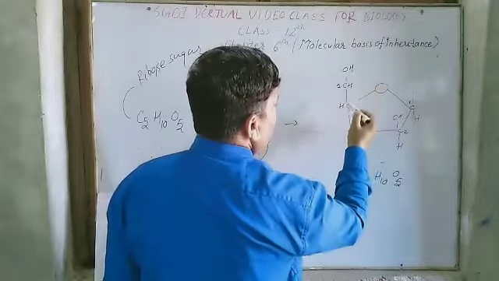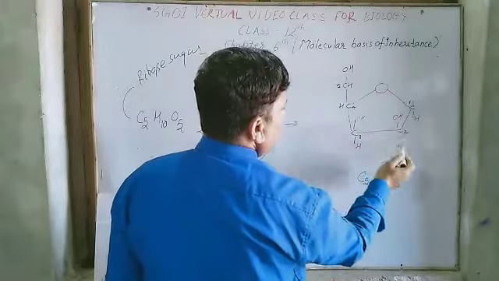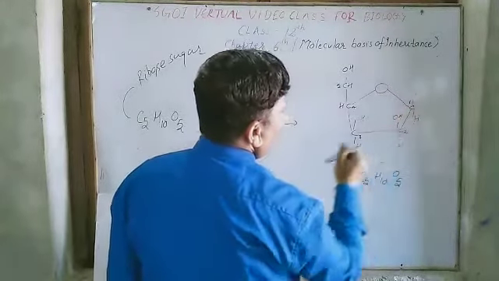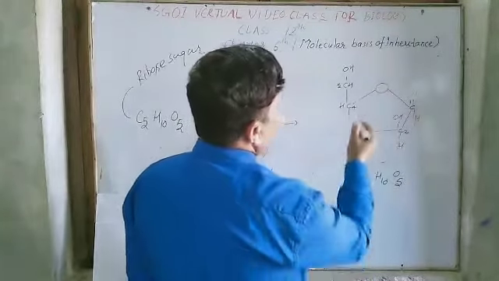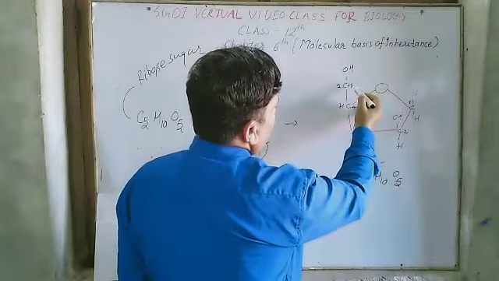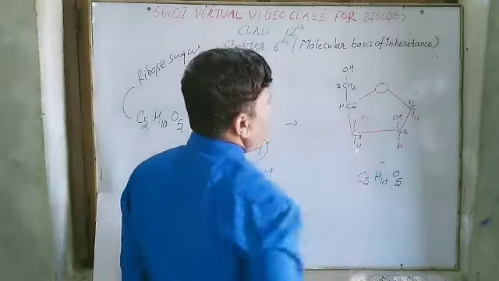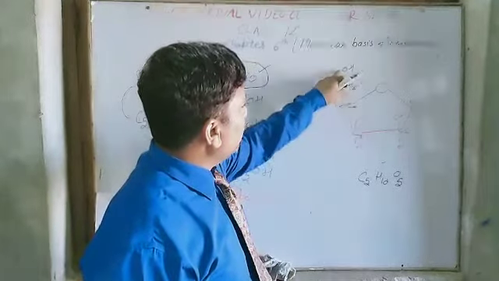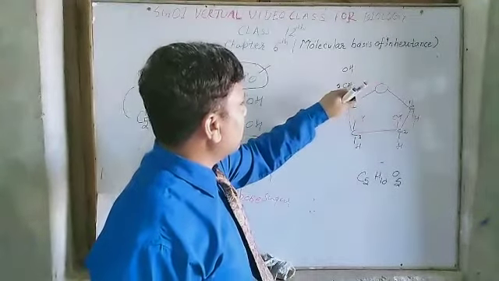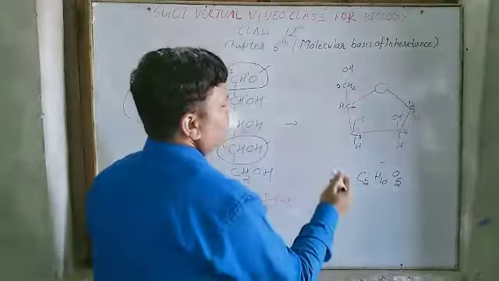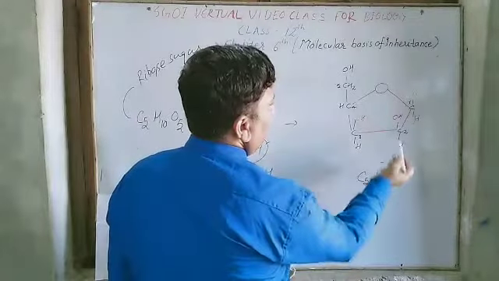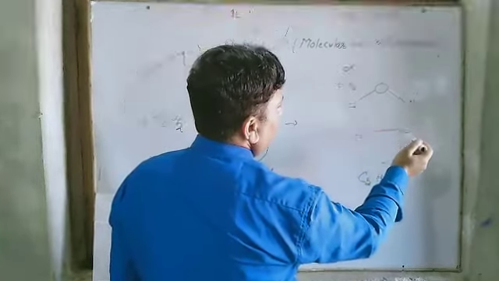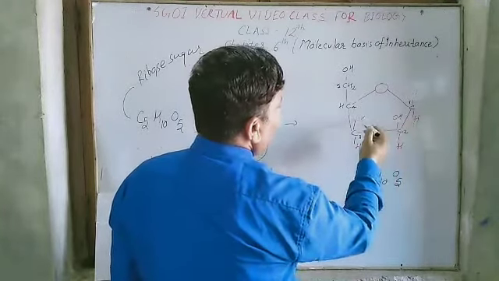H10: 1, 2, 3, 4, 5, 6, 7, 8, 9, and here one hydrogen is also found, because the valency of a carbon is completed by hydrogen. So C5H10O5.